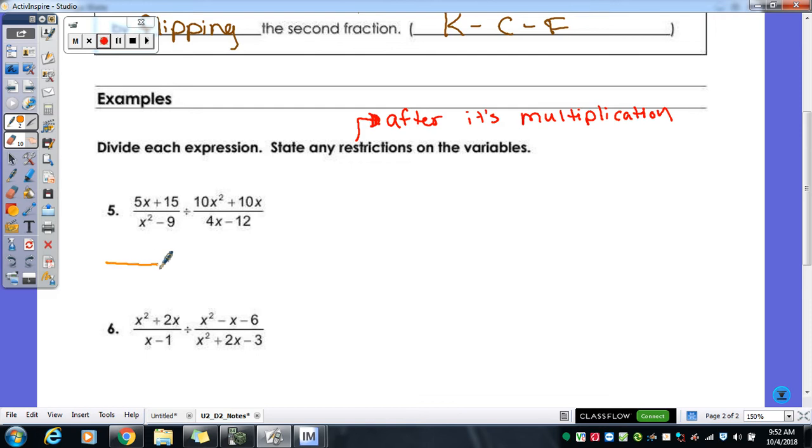I'm going to try to do a couple of steps in one, just so we don't have to keep writing the same thing over and over again. If it's too much, please just tell me and I'll stop doing it.